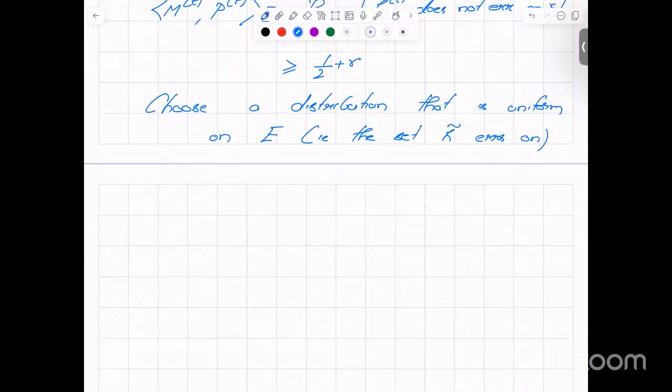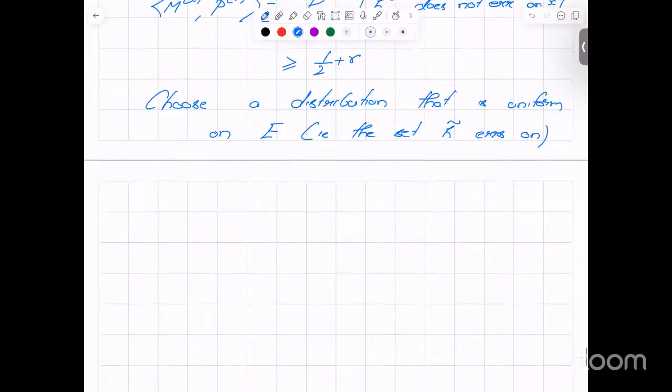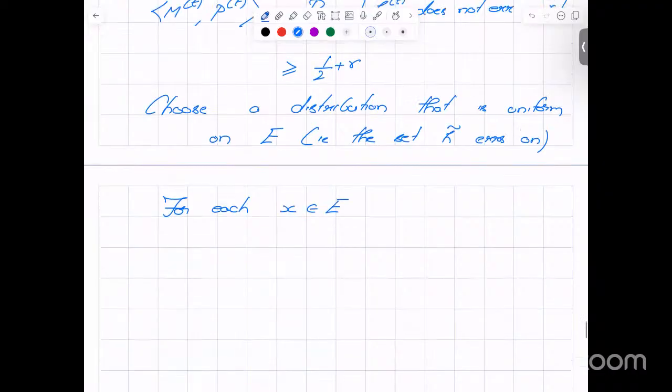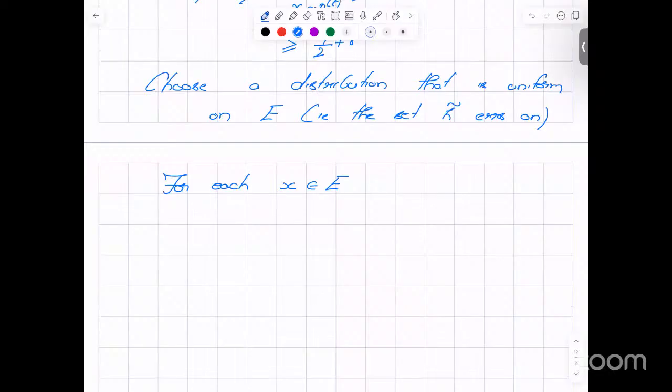I want to claim, for each X in the error set, let's look at this quantity: summation over T of MT X. What is this going to be?